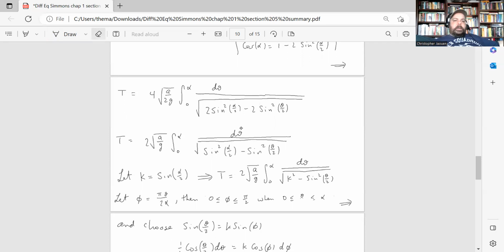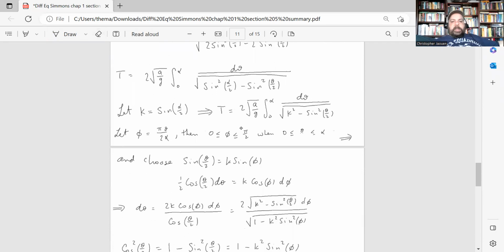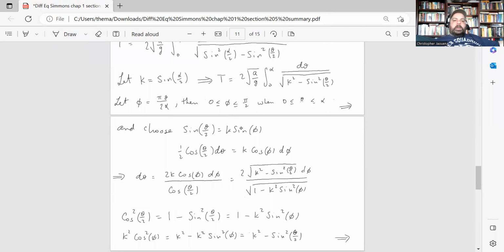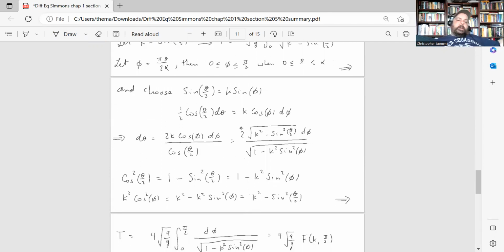And again, we're doing this for a specific reason. It may seem kind of arbitrary, but then letting the angle phi equal pi theta over 2 alpha. Then phi goes from 0 to pi over 2 when theta goes from 0 to alpha. And we make a substitution.